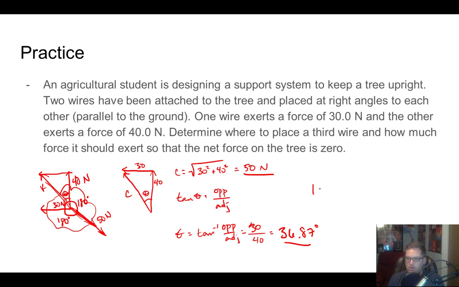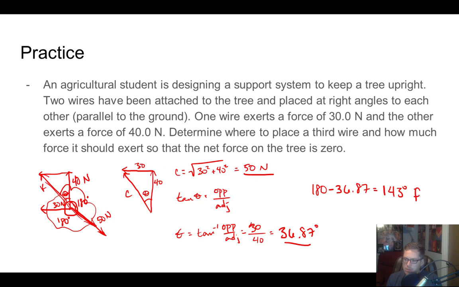So if we take 180 minus 36.87 degrees, we'll end up with this angle here from the 40 down to the 50. So we take 180 minus our answer, and we get 143 degrees.